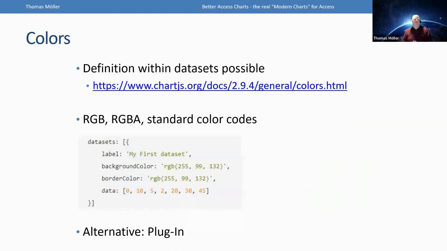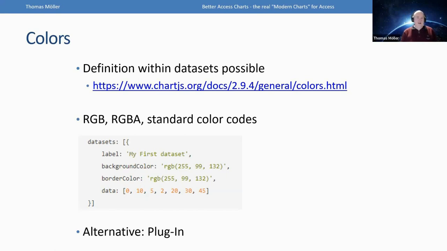Colors. Yes, you can deal with colors, and you have 3 ways to define a color. You can have an RGB value, as we have here for the background, maybe 255, 99, and 132. I can't remember the color, but I think it will look really nice. Another way to define a color is to set an RGBA value. The A is for the alpha channel, which means you can define the opacity.